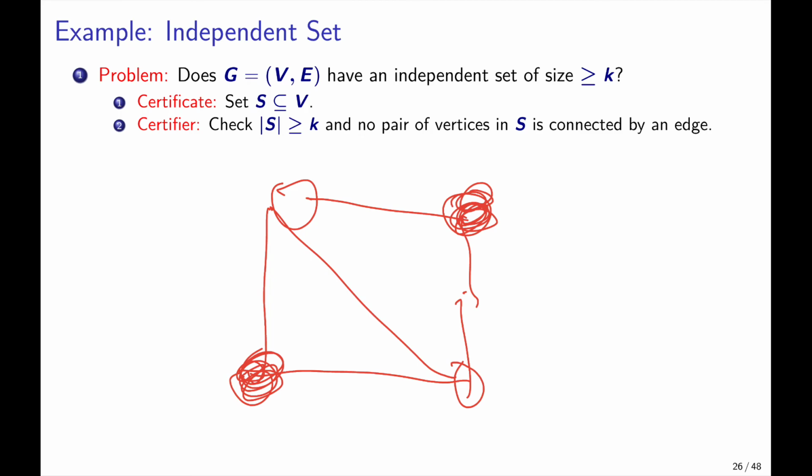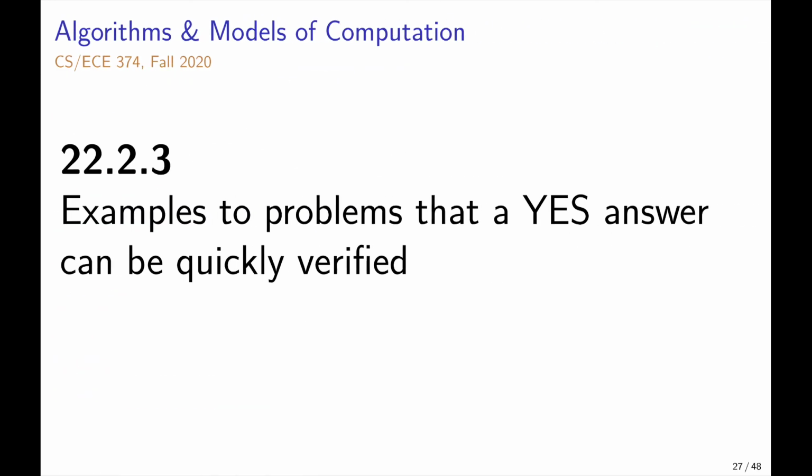So the certifier takes as input a graph with the parameter k, and the second input the certifier accepts is a solution, namely an independent set, a set of vertices. The algorithm just needs to run over it and verify that the solution is correct.